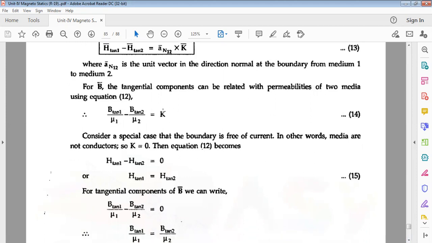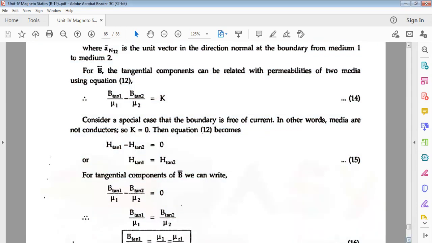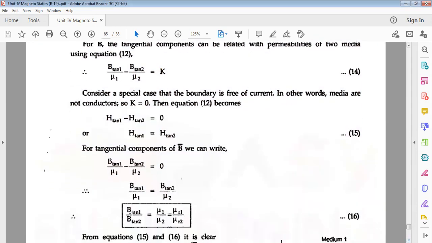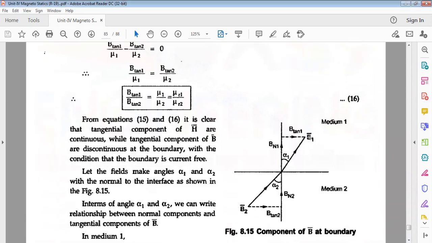Similarly, in the other equation with K equal to 0, B tan 1 by mu1 is equal to B tan 2 by mu2. Therefore, the ratio of B tan 1 to B tan 2 is equal to mu1 by mu2. Got it, my students?